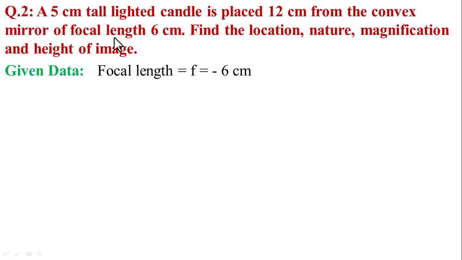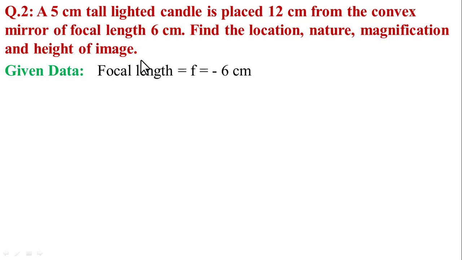In question number 2, the given statement of the numerical problem is that a 5 centimeter tall lighted candle is placed at 12 centimeter from a convex mirror of focal length 6 centimeter. Find the location, nature and magnification of the image and its height.